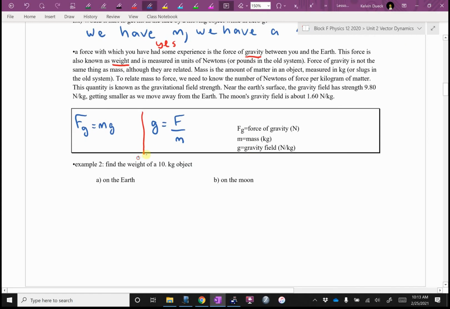So, example 2 says, find the weight of a 10 kilogram object on the Earth or on the moon. When it says find the weight, it's asking you to find the force of gravity. So I'm going to write Fg equals mg Earth and Fg equals mg moon.